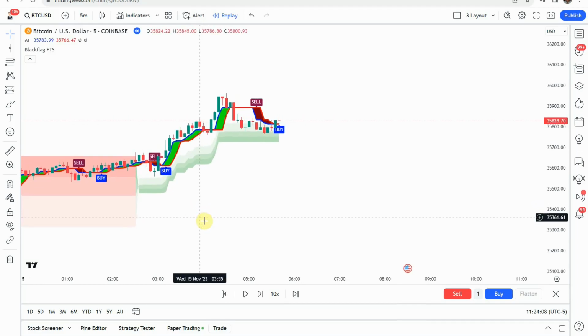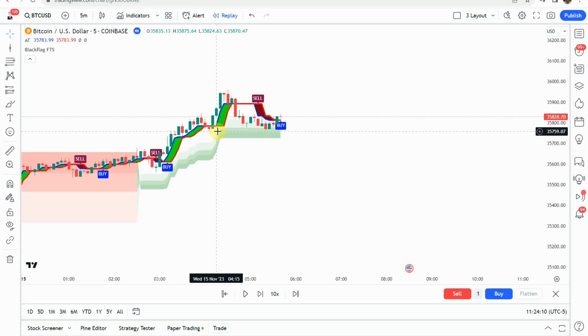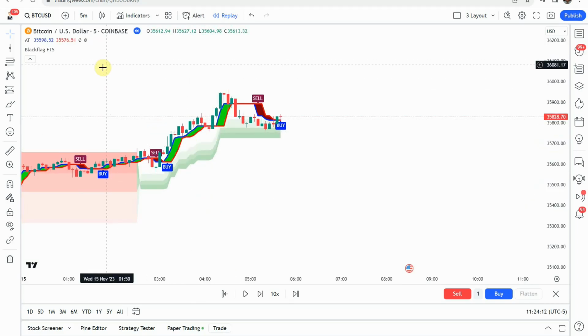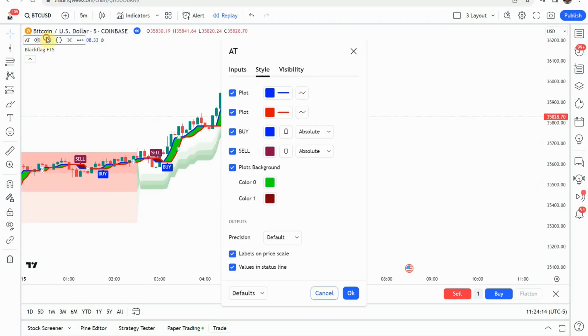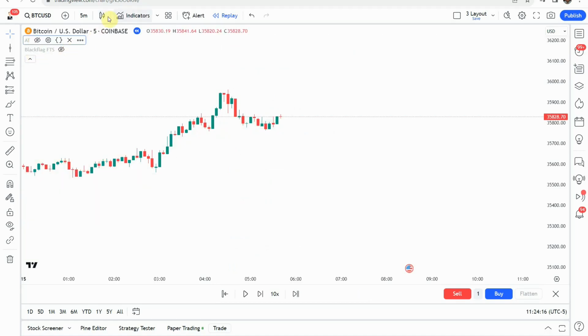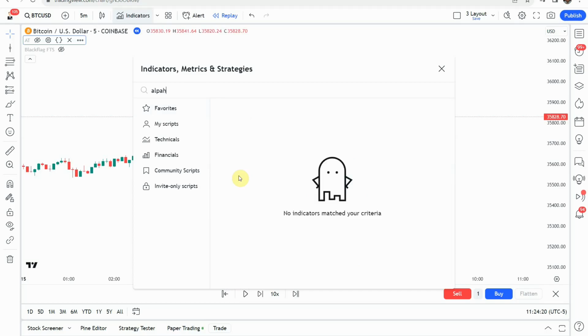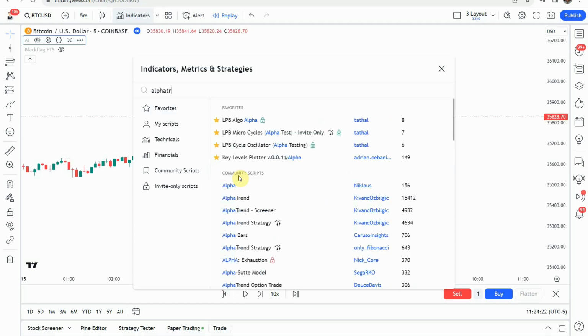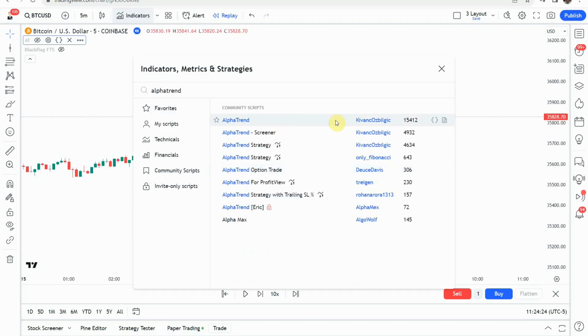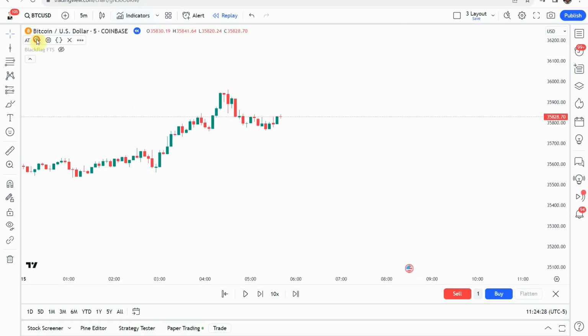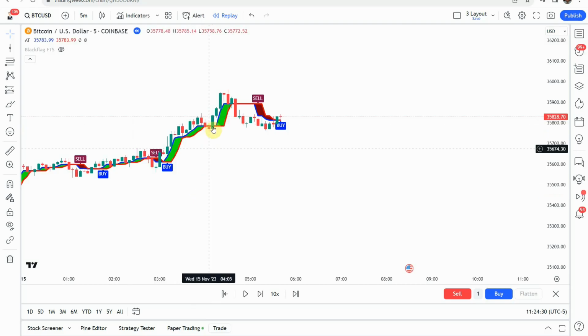And so the strategy itself consists of two different indicators. The first indicator that you will put on screen is going to be the Alpha Trend indicator. Alpha Trend indicator right here. So you will add that one to the screen and you will go into the settings.